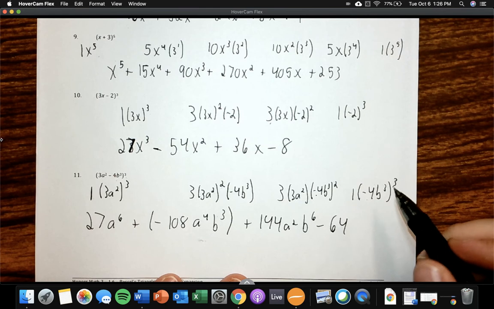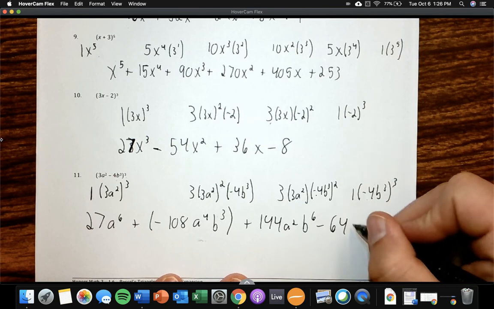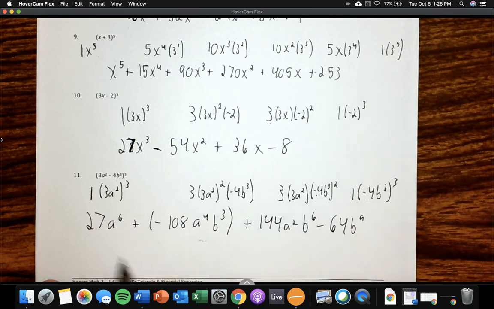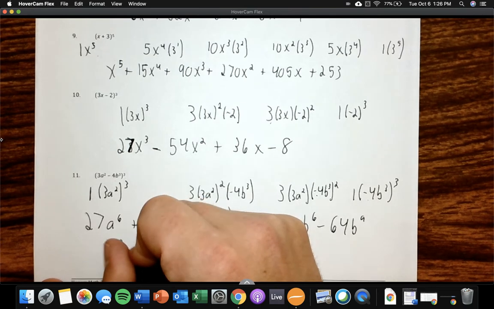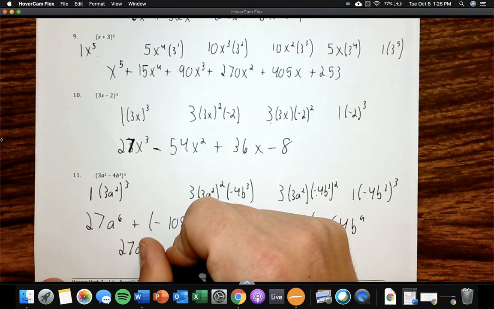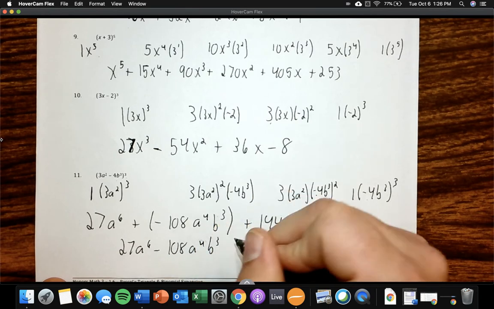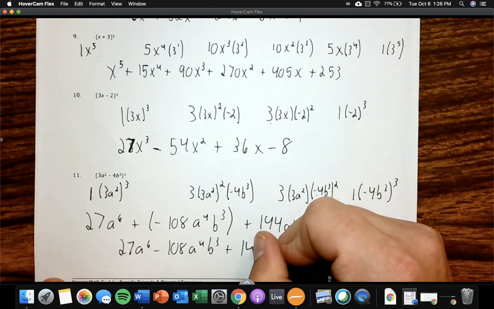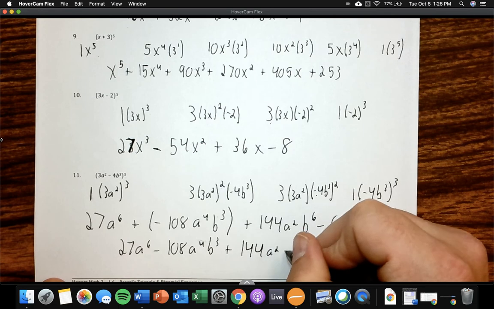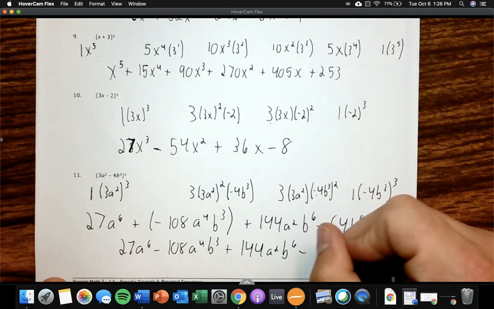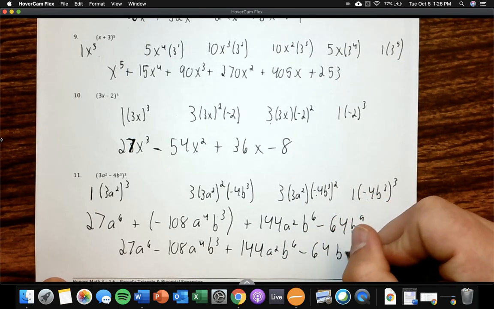And then b to the third raised to the third power ends up being b to the 9th. All right, so just to clean this part up a little bit, we have 27 a to the 6th minus 108 a to the 4th b cubed plus 144 a squared b to the 6th minus 64 b to the 9th.